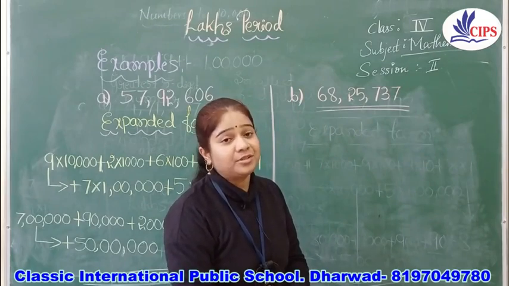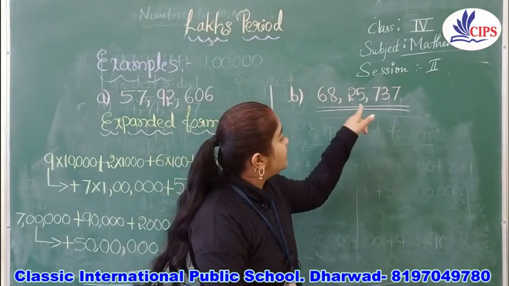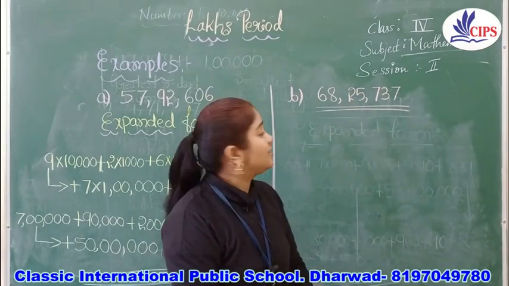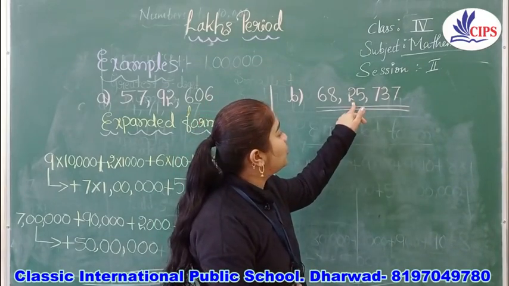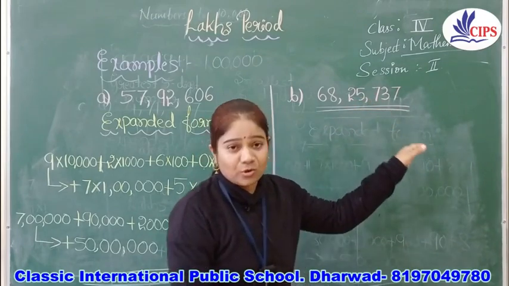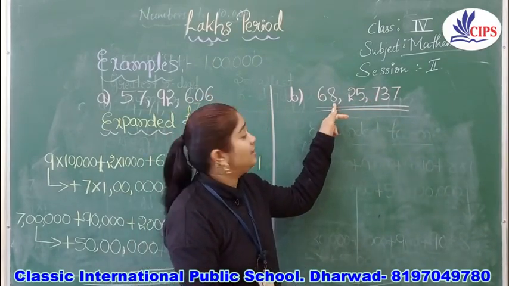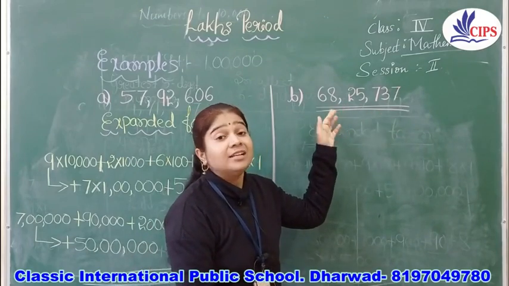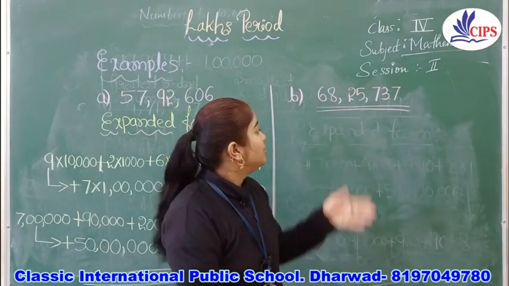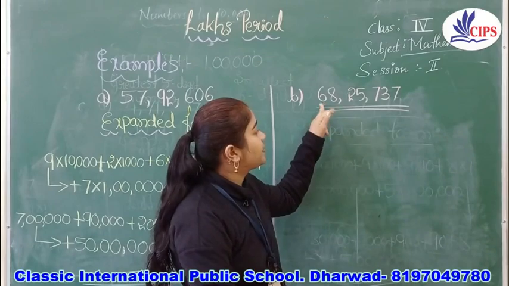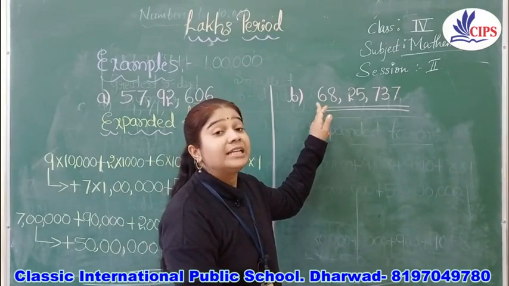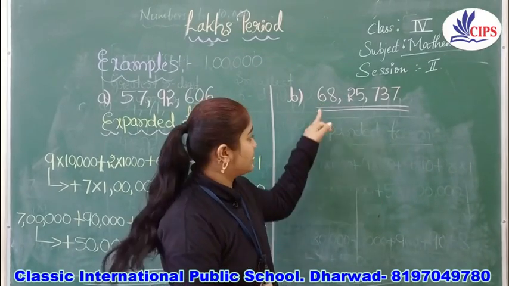Is it 10,000? No. It is in the 1,000. Right. Next. What about this 2? It is in the 10,000. Next, come to this 8. 8 is in the lakhs period. Okay, lakhs place value. Then the last one, 6, is in the 10 lakh place value.